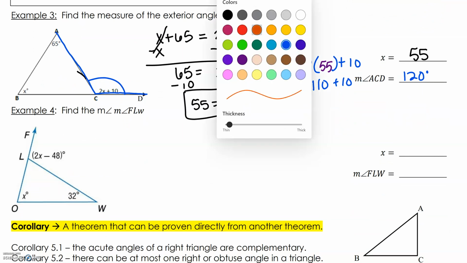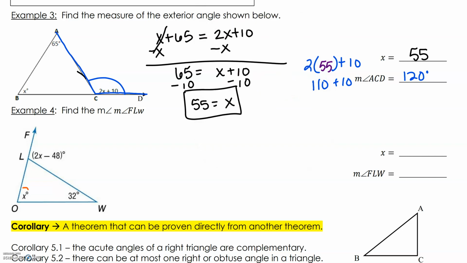If you'd like to try this next one, go ahead and try setting it up. What two things do you add and set it equal to? And then plug it back in to find FLW. Add the two remote interior, set it equal to the exterior.